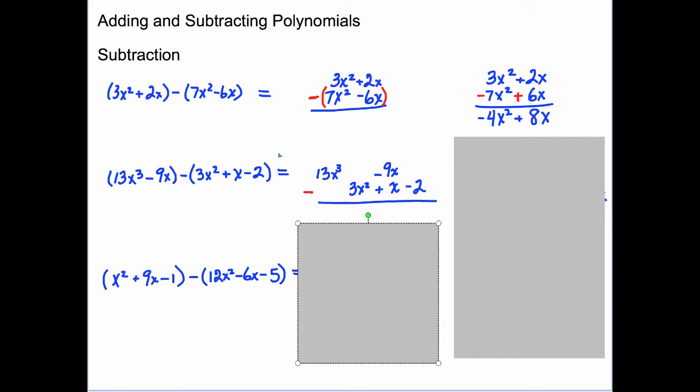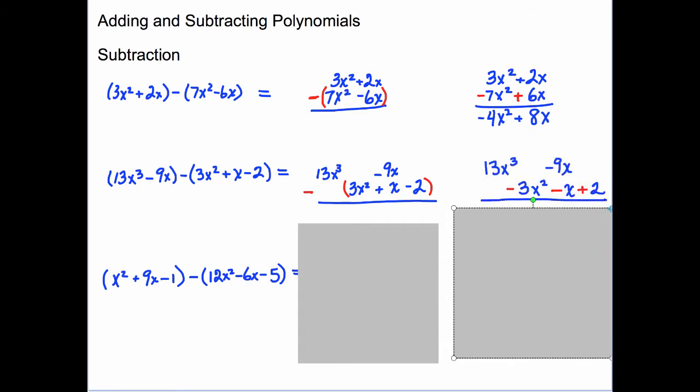This is 13x cubed minus 9x minus 3x squared plus x minus 2. And once again, we have to remember that these are effectively in parentheses. And what I will suggest is that you take that bottom polynomial and change the signs to minus 3x squared minus x plus 2, and then do the addition from there.